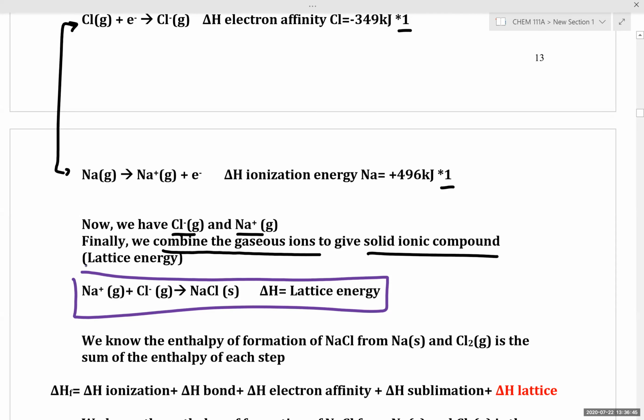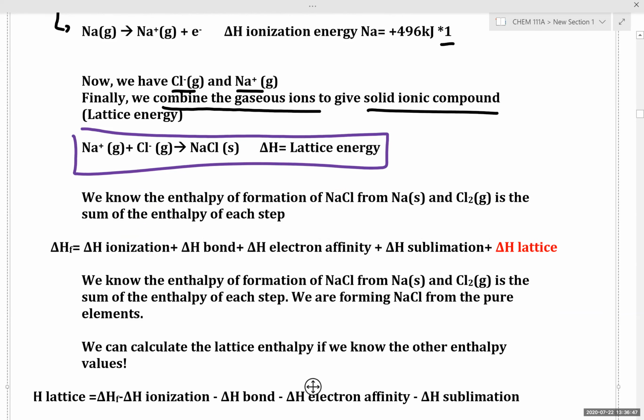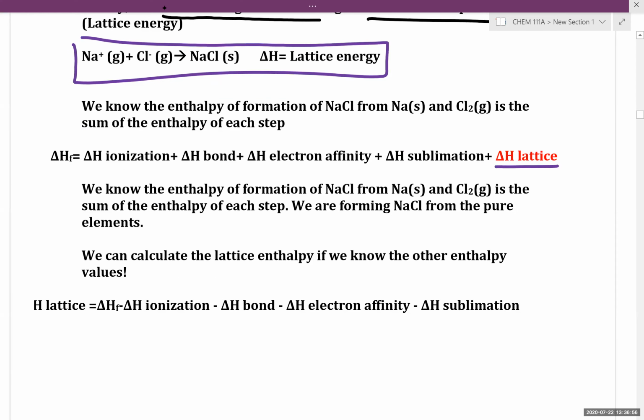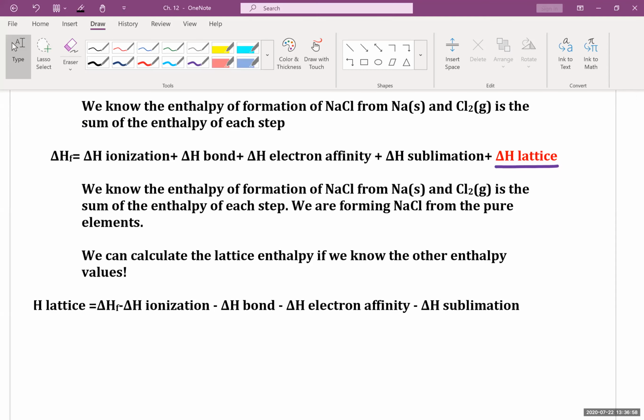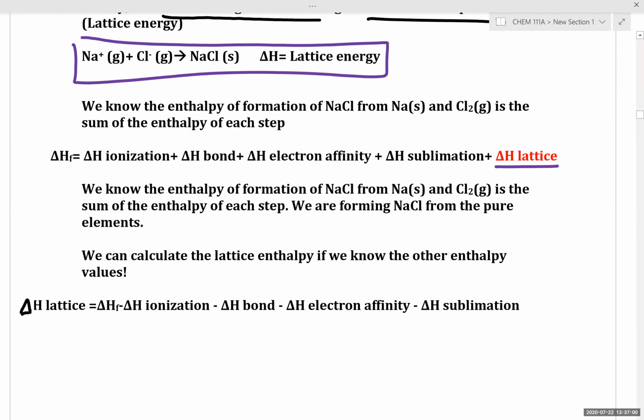So using Hess's law, if we add up the enthalpy of each step, we can solve for the lattice enthalpy. That gives us that our lattice enthalpy, otherwise known as delta H lattice, is equal to the enthalpy of formation minus the enthalpy of ionization minus the bond enthalpy minus the electron affinity minus the enthalpy of sublimation.